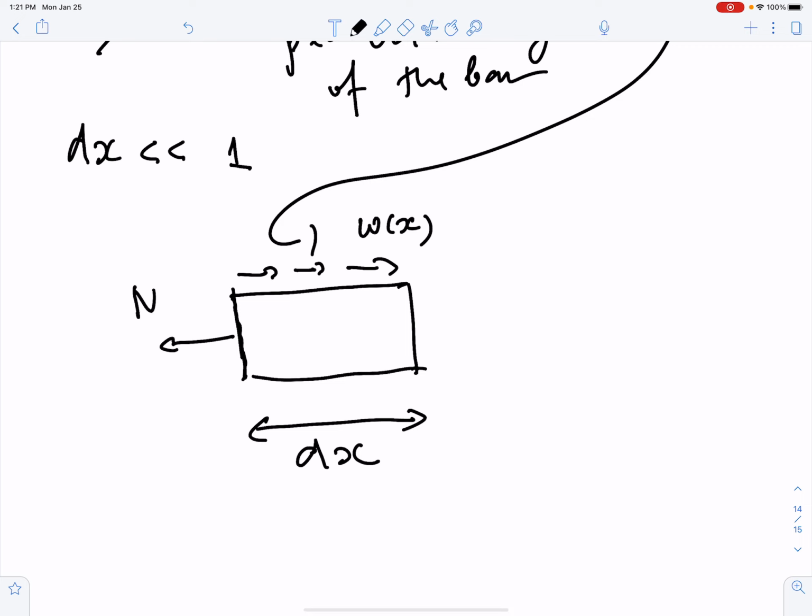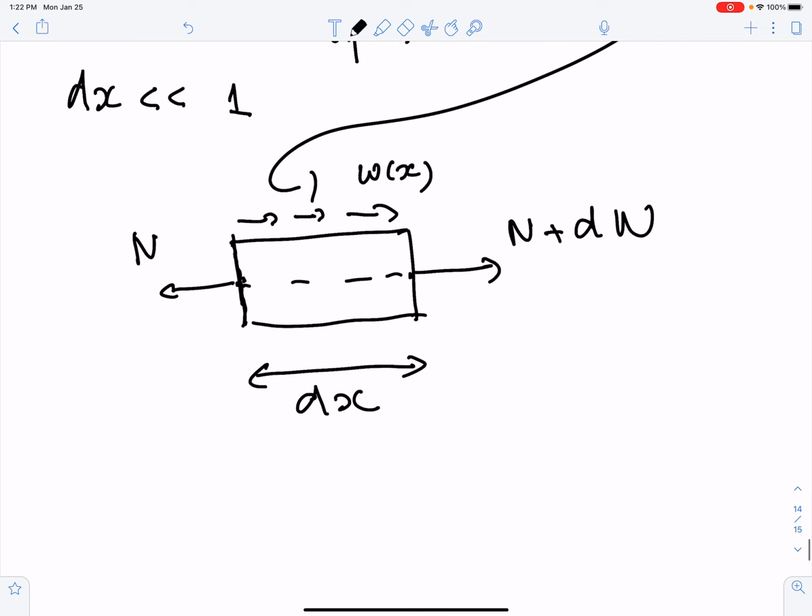Okay, so this is going to be our N force, right? And on this side, we're going to have N plus some dN, okay? So as N changes going from there to there, that change is precisely denoted by dN here. Okay? And so this is what each infinitesimal piece of the bar looks like, okay?